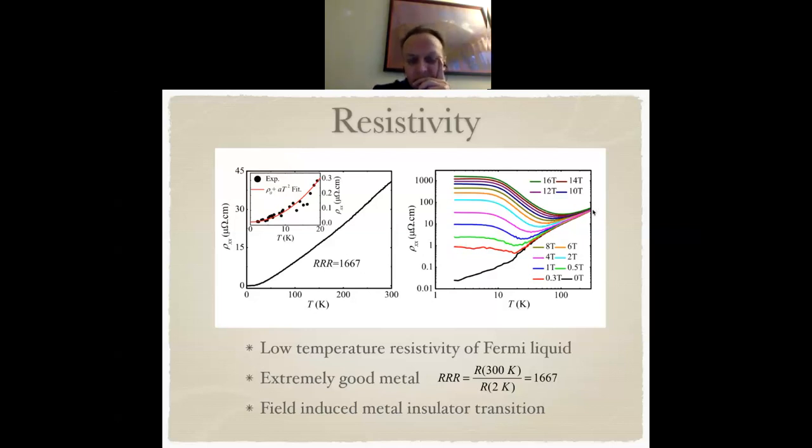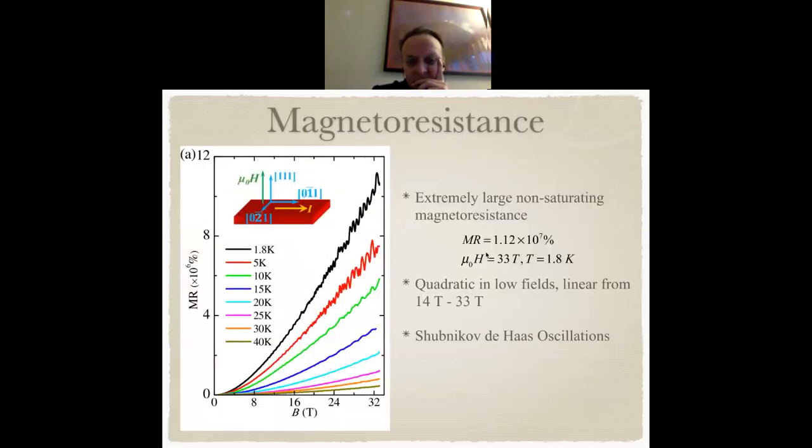When a field is applied, interesting behavior arises. So we see a field-induced metal-insulator transition. So we have this activation behavior appear with the application of a field. This has been observed in a lot of Dirac and Weyl semimetals. It's very common.